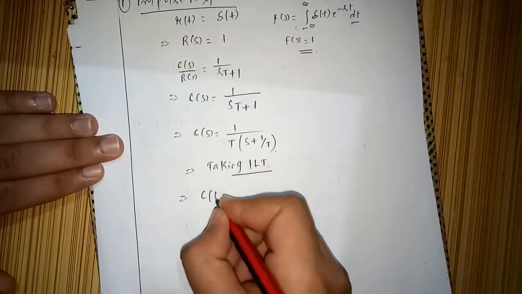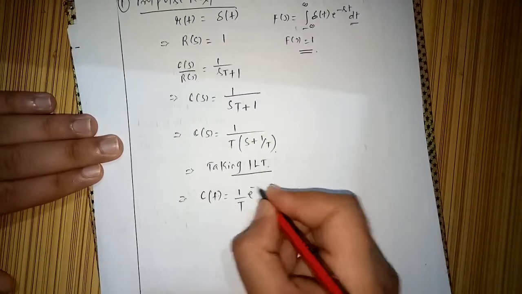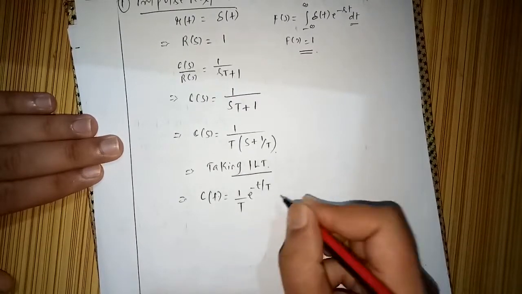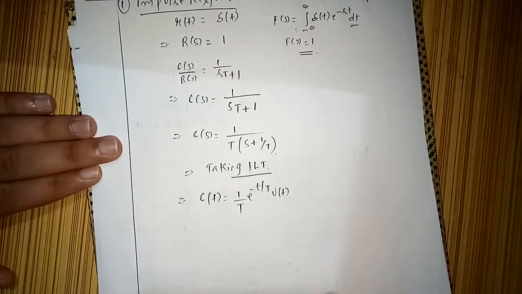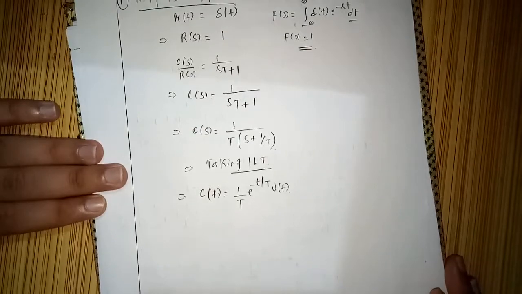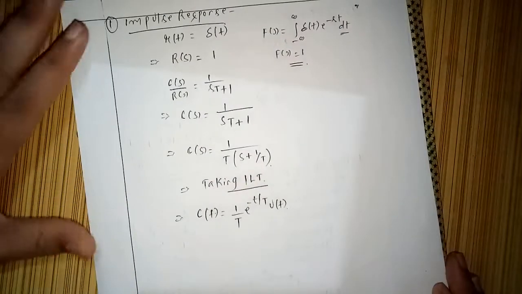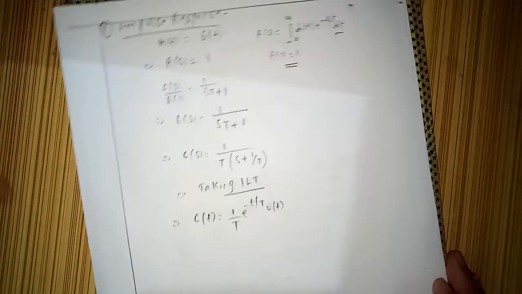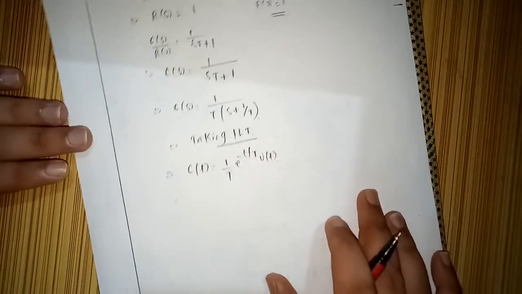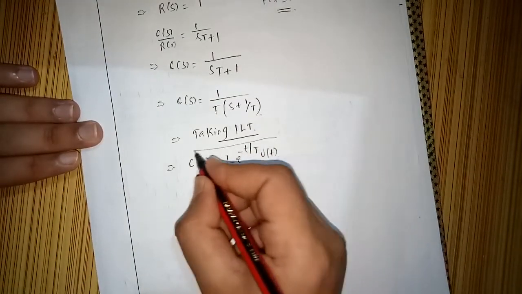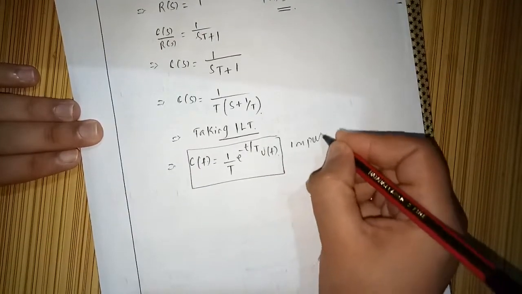This gives c(t) is equal to 1 upon T e to the power minus t by T times u(t). I am taking a causal signal, because non-causal signals are not realizable in a practical system, so I am using u(t) with it. This is called the impulse response of a first order system.